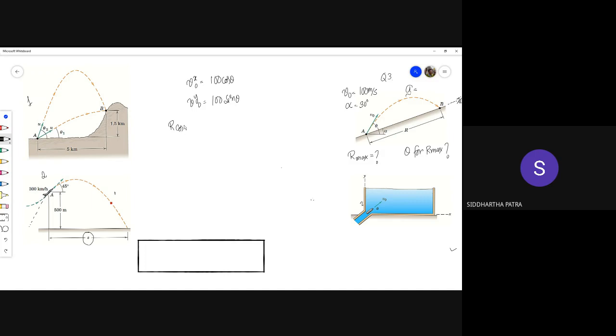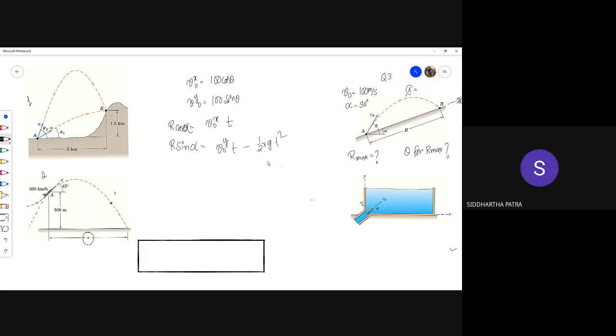But let's see, if I do it in the global Cartesian, I can write r cos alpha equals v0x times simply t, and then r sine alpha equals v0y times t minus half g t squared.